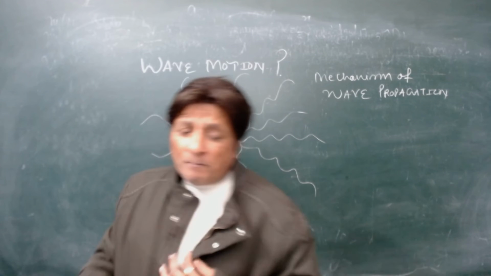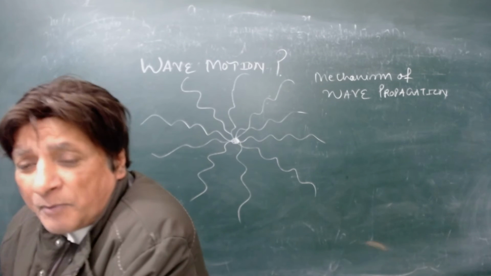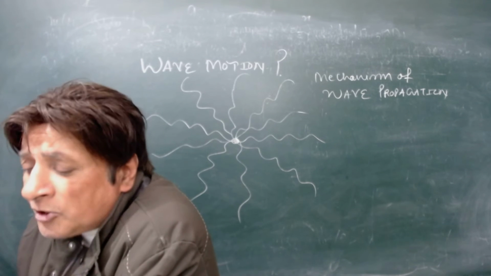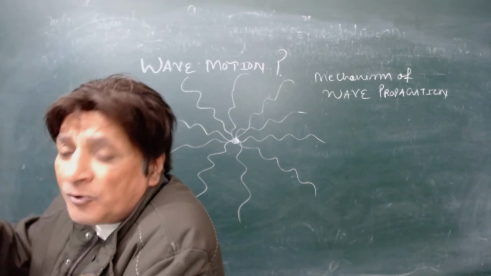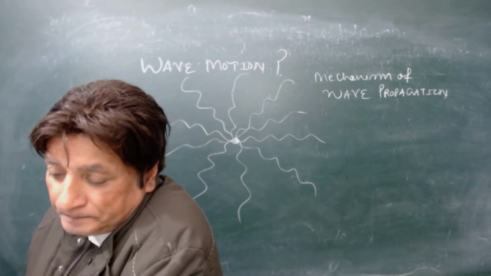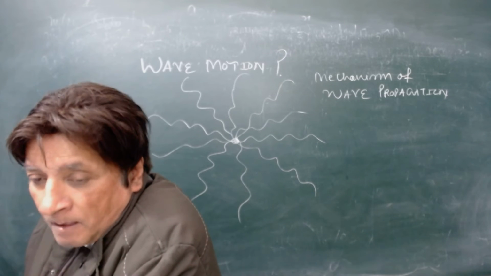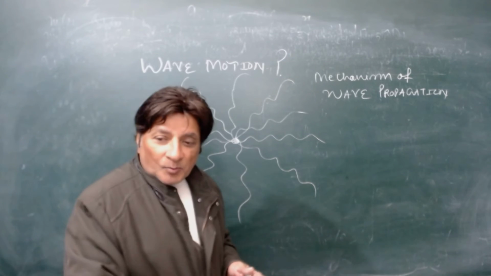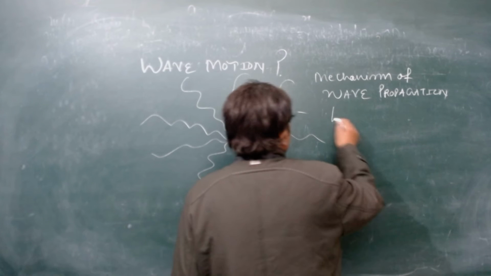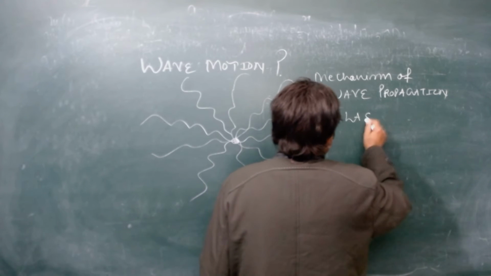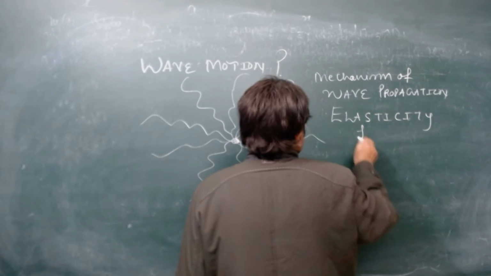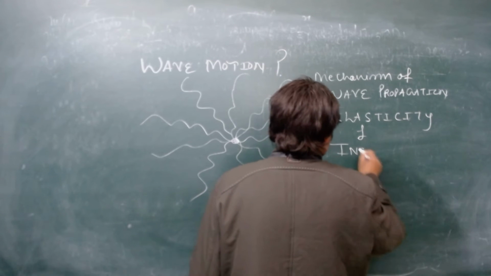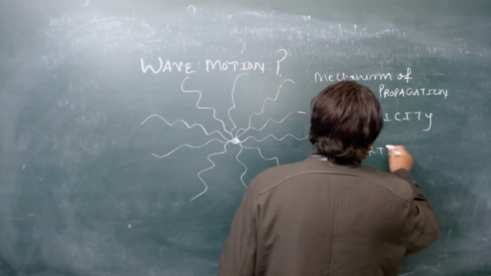Well, the mechanism of wave propagation on the water surface can be explained on the basis of two properties of the medium. One property is elasticity, and the other property is inertia.